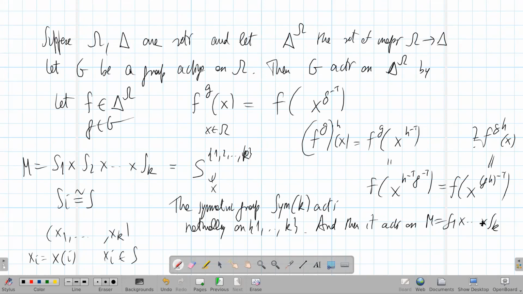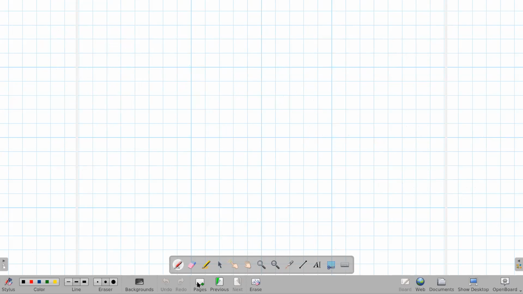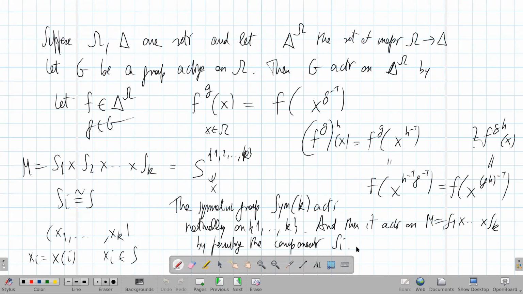And what does it do? Well, an element of the symmetric group permutes the i's, so it permutes the components Si.